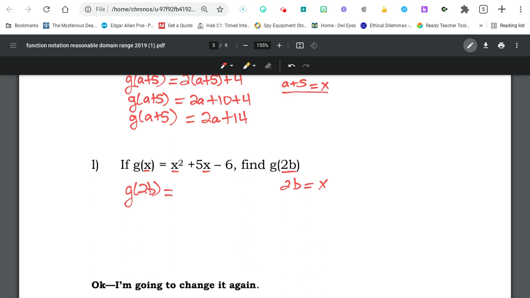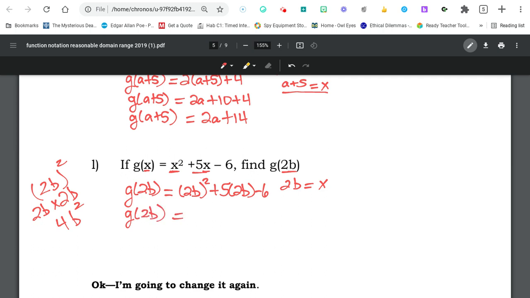So g of 2b is going to be 2b squared. I hope everybody knows that 2b squared is just 2b times 2b, so it's 4b squared. Then you have 2b squared plus, so the x squared is 2b squared, plus 5 times 2b, minus 6.